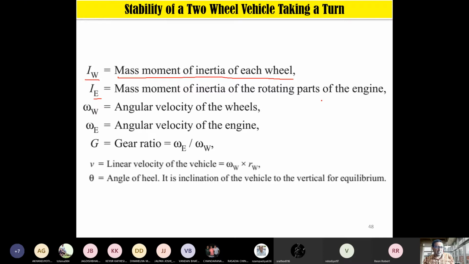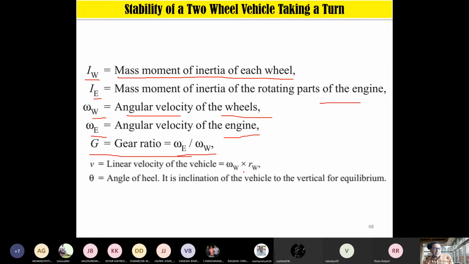IE is the mass moment of inertia for engine parts. Omega W for the wheel is the angular velocity of the wheels, and omega E, with E as suffix, is the angular velocity of the engine. Gear ratio is omega E divided by omega W. So the engine is taken in the numerator and the wheel in the denominator. You have to remember this.